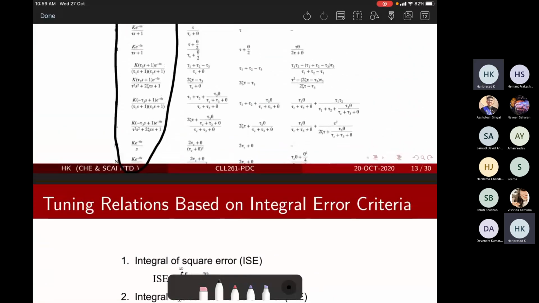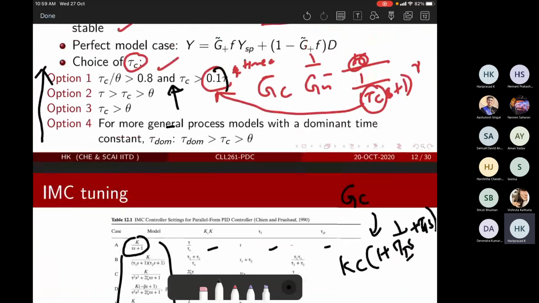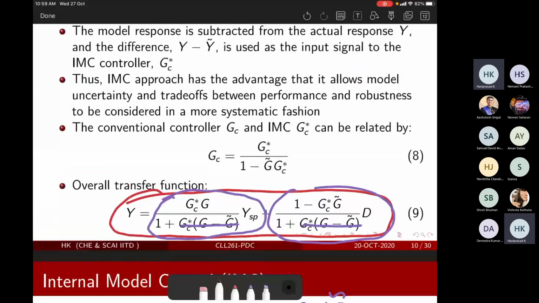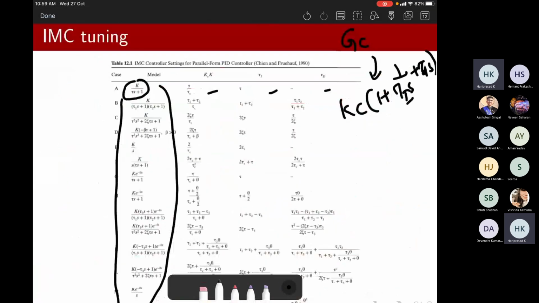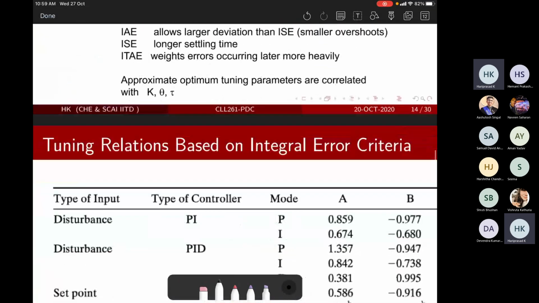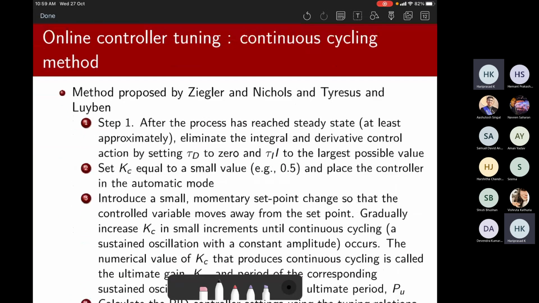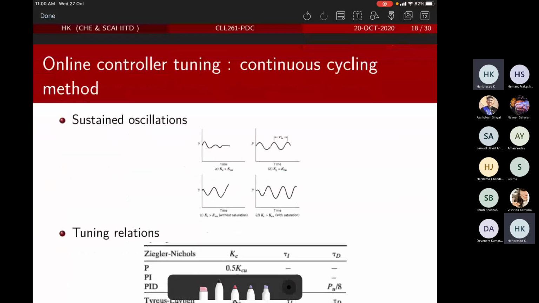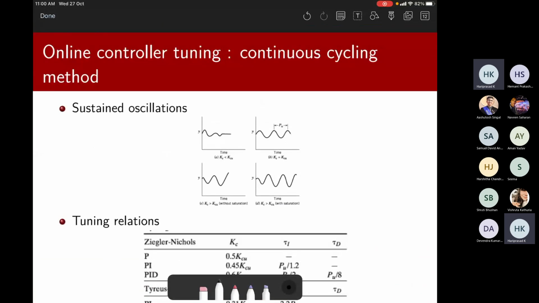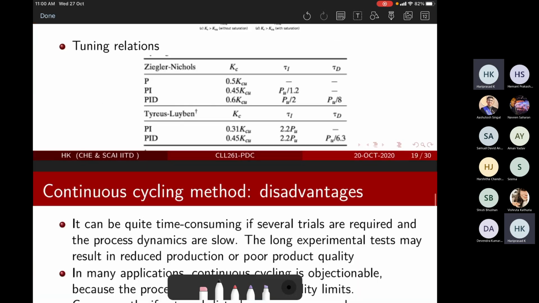With this, I will stop for today. We have now covered two strategies for model-based control design, and in the next class, we will most likely look at the methods that are based on field trials. These are basically the celebrated ZN, which is the Ziegler and Nichols tuning method, and CC, which is the Cohen and Coon method.